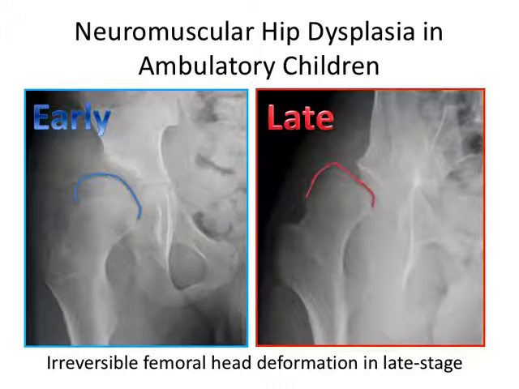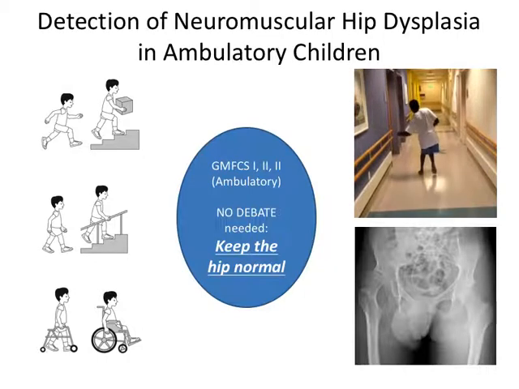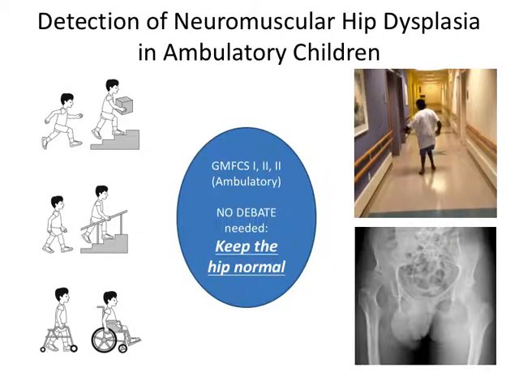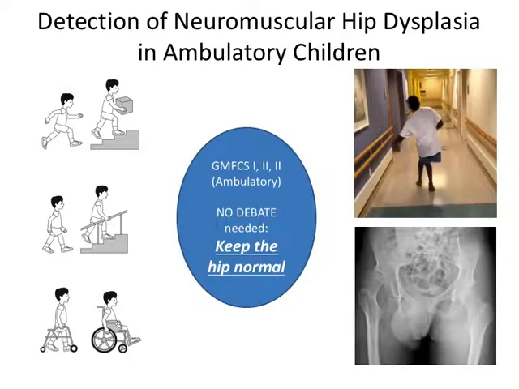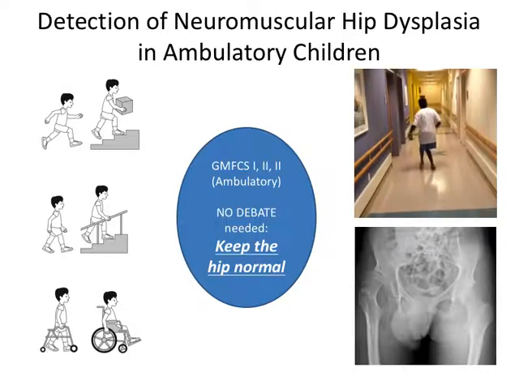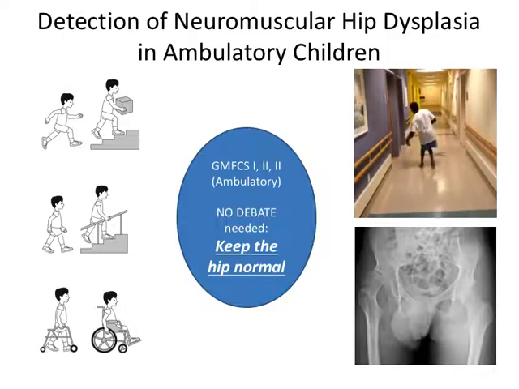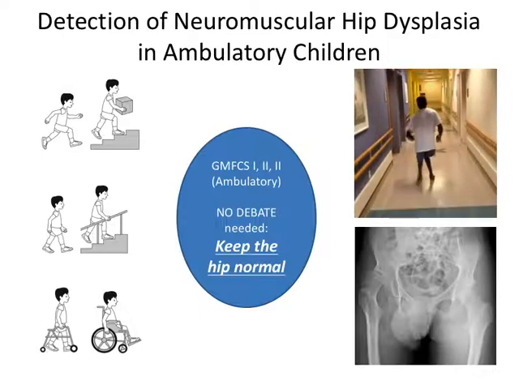Whereas if you get a child late with hip dysplasia, it's much harder to reconstruct that hip, and any reconstruction that's done will not have as good of a response. It's pretty intuitive. So I think the debate is pretty much settled as far as ambulatory children. We must detect these hips early and treat them early so that the hip is normal, because they're ambulatory, and the hip function is key to their overall function.